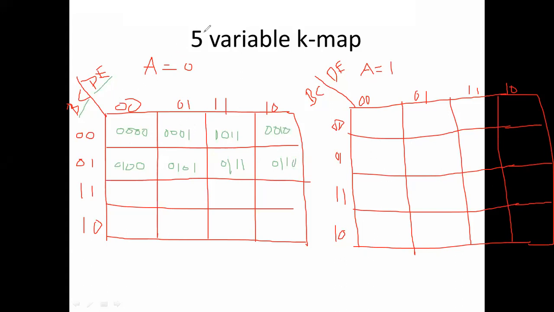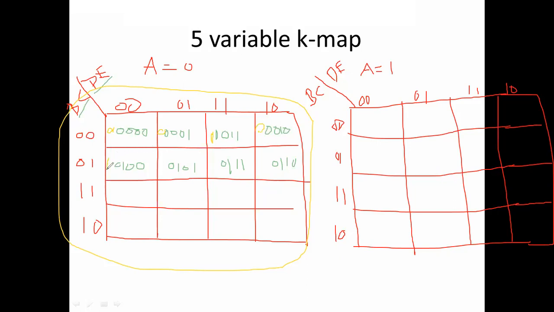Here, what about the A value in this cell? A value is 0 for all these 16 combinations. For all these blocks, A value is 0. That's why A value is 0 in front of this.